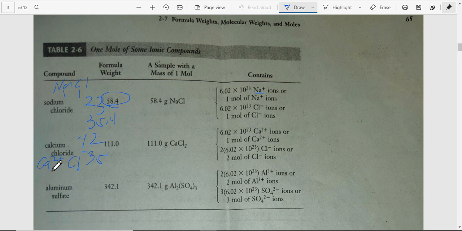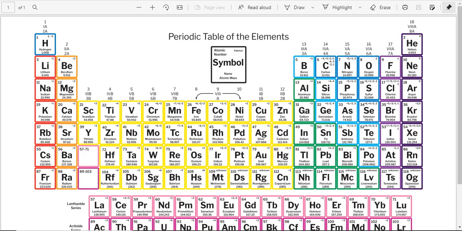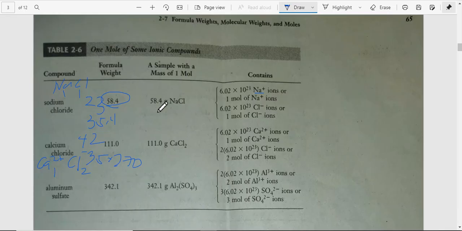So, you only have 1 calcium and 2 chloride. Therefore, times 2 mo, you have 70. So, may mga calcium, 74.1. Then chloride mo. Roughly around 111 ang imo nga formula weight sa imo nga calcium chloride.